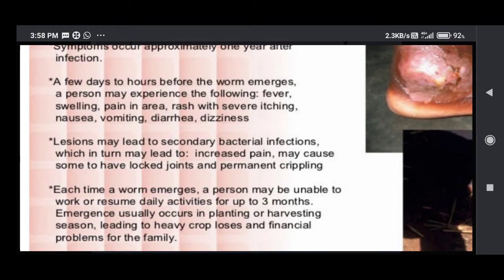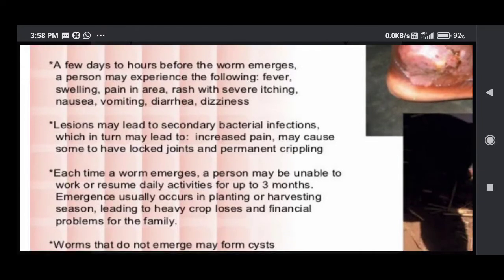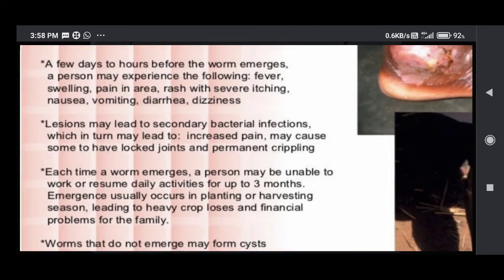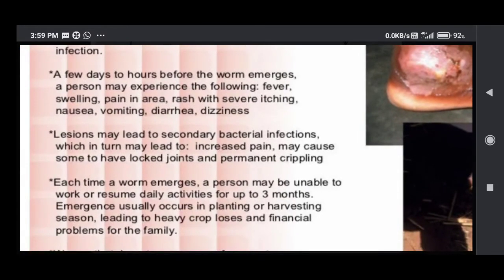Rash with severe itching where the parasite is present, where WBC release more IgE antibodies that lead to rashes. Here the swelling takes place, rashes take place, itching takes place, nausea and vomiting sensation, diarrhea, nearly a large amount of water coming out through the mouth or anus, and dizziness.